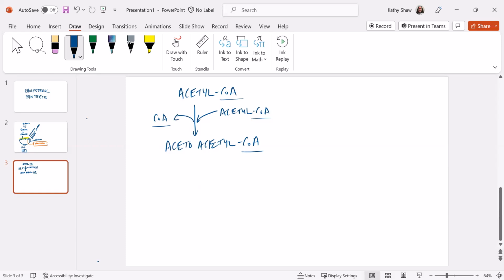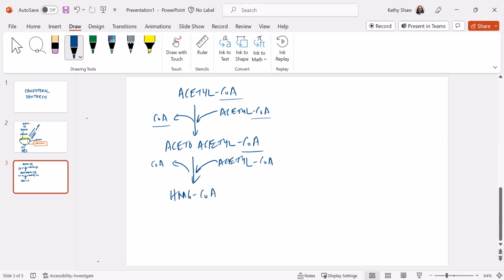Then we're not done. We're going to take another acetyl-CoA and add another one in. As you notice, our carbon chain is growing with this. Acetyl-CoA has two carbons in it, adding two more. This is going to sound a little familiar too. Get rid of another CoA, and we're going to make a molecule called HMG-CoA.